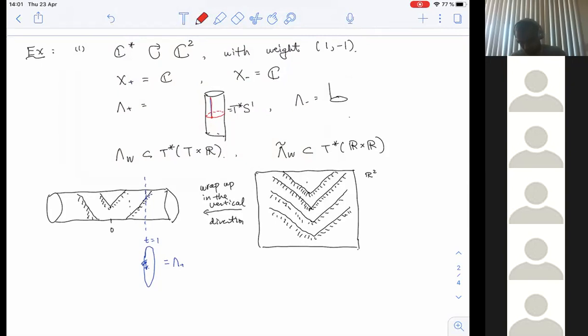When you cut at 0, do you have to make a choice, like which side you're on? Or it doesn't matter if you cut at 0? Yeah. So I haven't told you how to compute the restriction of a window skeleton to a slice.